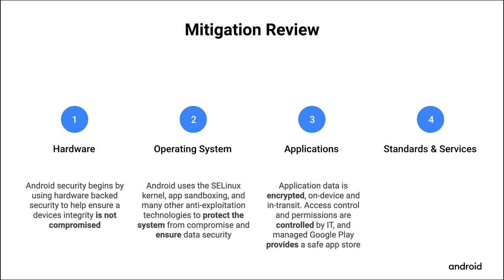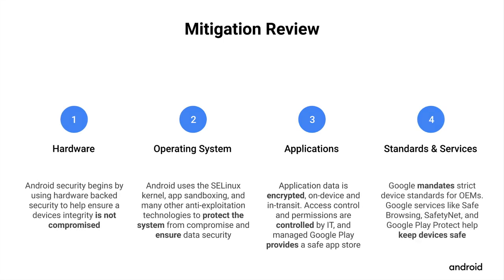And that ensures that the data is always encrypted. Data is secured in transit over the network and VPN if you choose to use those. We provide robust access control permissions that are controlled by IT. And then, as I mentioned, controlling all avenues to get apps onto a device through managed Google Play provides a safe way to deploy apps and configure them and remove all side-loading capabilities.